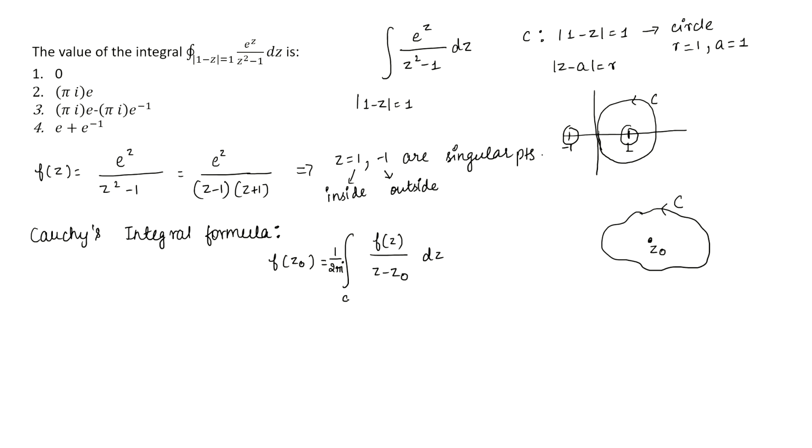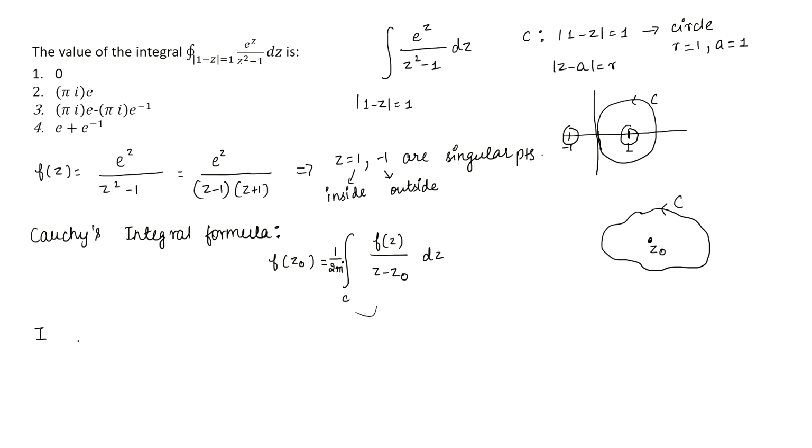So here our contour is C, |1 − z| = 1, and clearly z = 1 is a point at which the function e^z / (z² − 1) fails to be analytic.